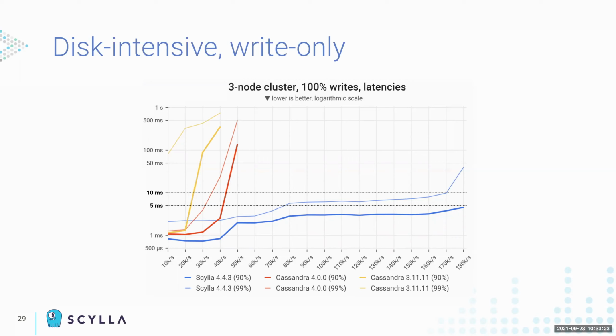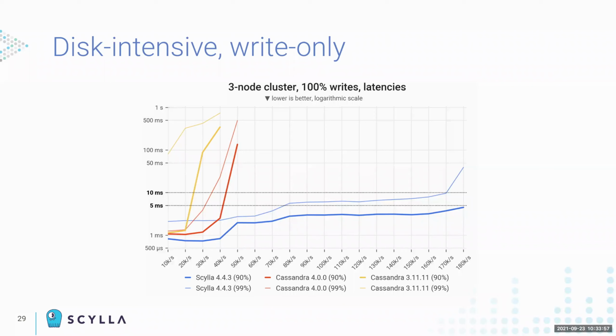Scylla can handle 3.5 times more load than Cassandra. And again, we can see here that the Scylla latencies are pretty stable, all the way up to the 170,000 operations per second. The P99 latency remains under 10 milliseconds, and all the way up to 180,000 operations per second, the P90 remains under 5 milliseconds.